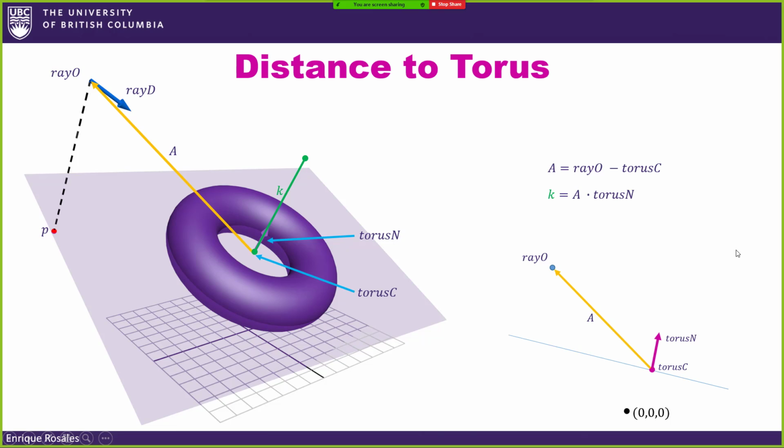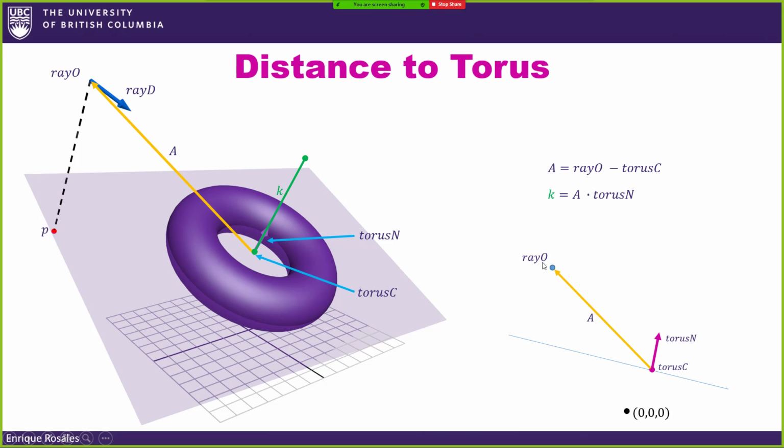So the next step, if I keep drawing everything here, because this image is in 3D and has perspective, it'll be incredibly difficult to understand what I'm doing. So let's focus on this area of the image. This is basically a 2D version of what I'm showing here. This is the plane of the torus. This is the torus center. This is the torus normal.